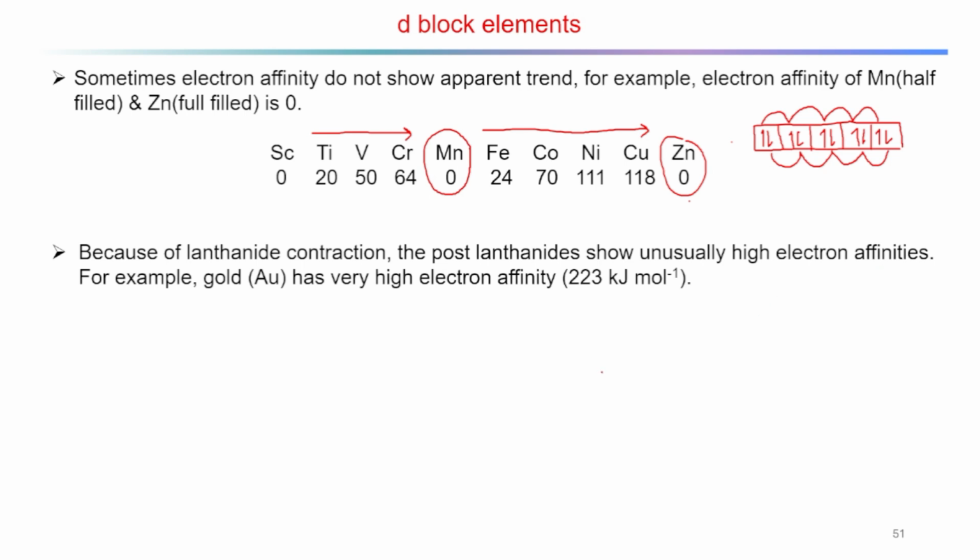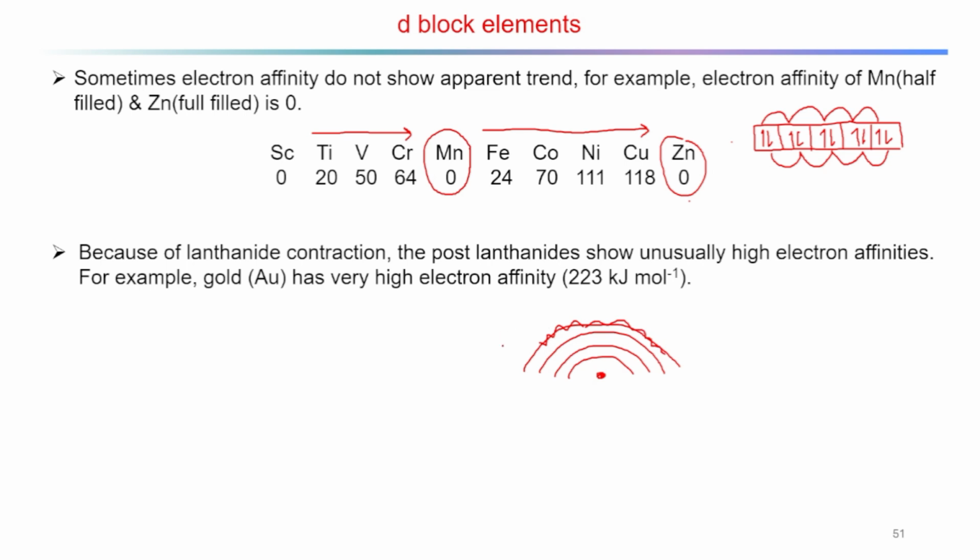I will simply draw it for you. So this is the nucleus and there are multiple shells. Now consider that there are F electrons here in this layer. F electron has very less shielding power, and it is diffuse in nature.